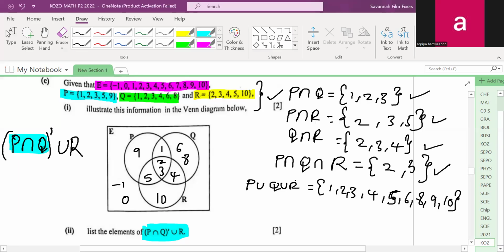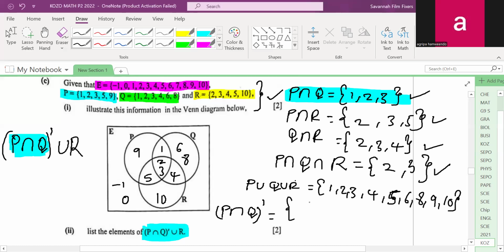So what we have in the brackets is P intersection Q, which is this one, right? Its complement. So now we have to look at all the elements that are outside this set, right?